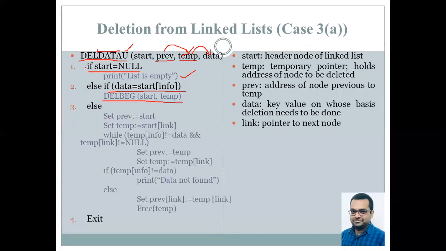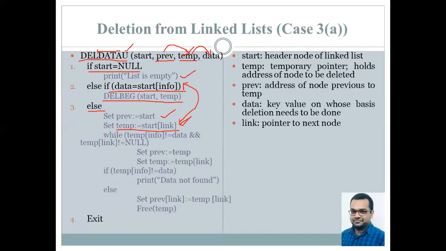If none of these two cases are true, the control jumps to the else part, where we initialize the value of previous with the start value, that is, the address of the first node, and temp is assigned the start link, that is, the address of the second node in the linked list, because the data value for the first node we have already checked over here.